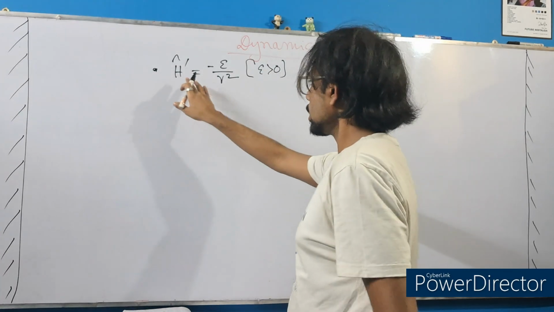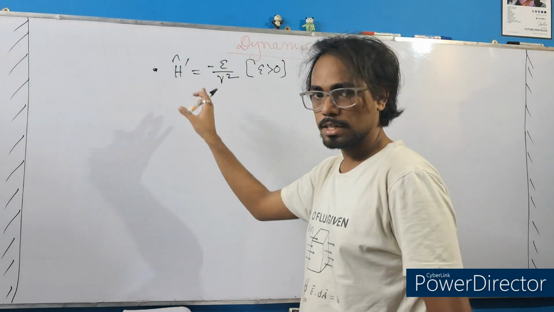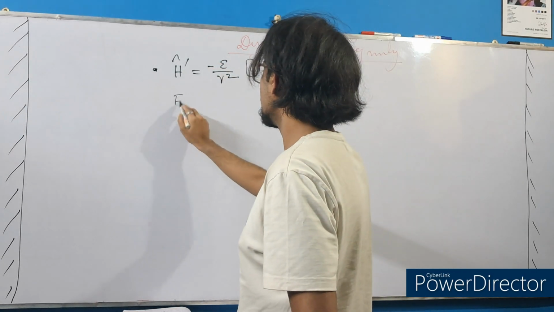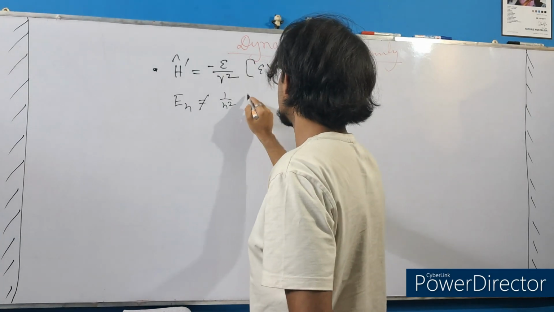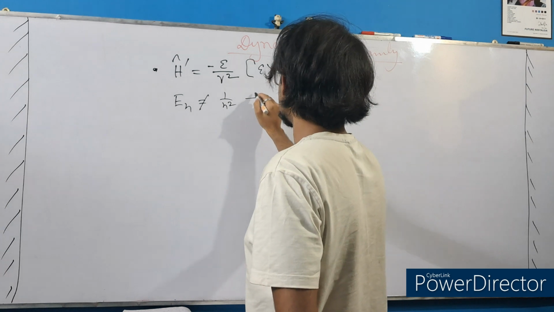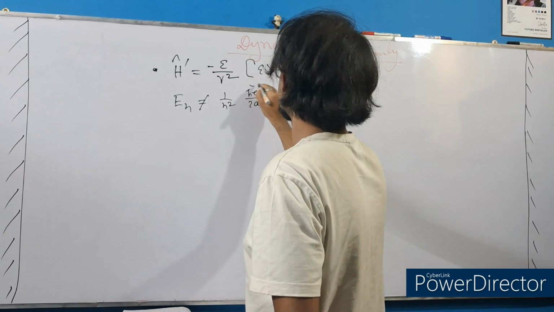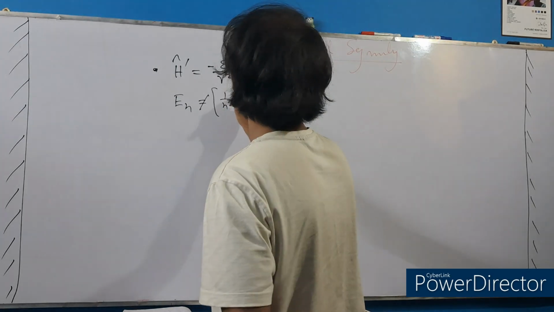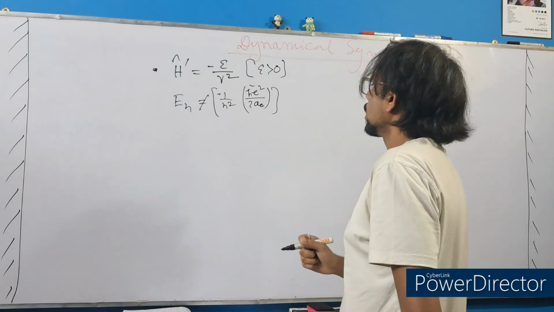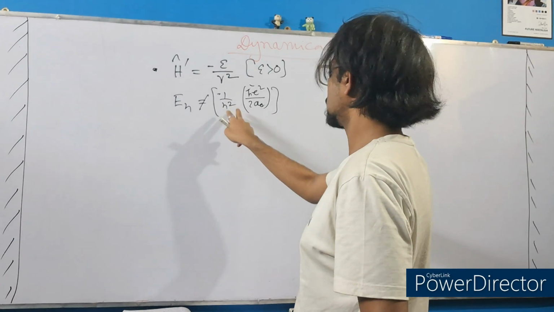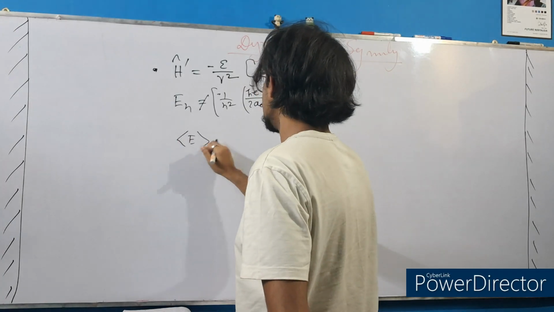Now if we add this term to the hydrogen atom potential, our energy eigenvalue E_n is no longer just proportional to 1 by n squared with some constant, which is e squared h-bar squared by 2 n naught, I guess. I'm not very sure about the constant. It is not just this value, because now I have to consider the average value for the system.